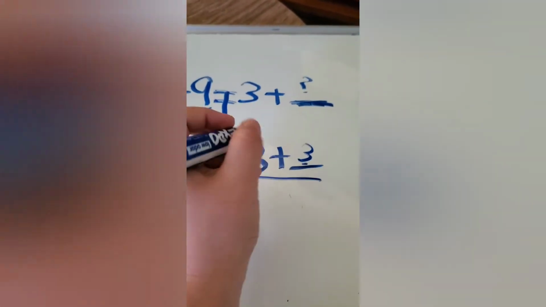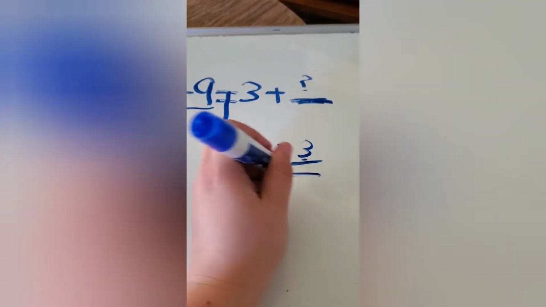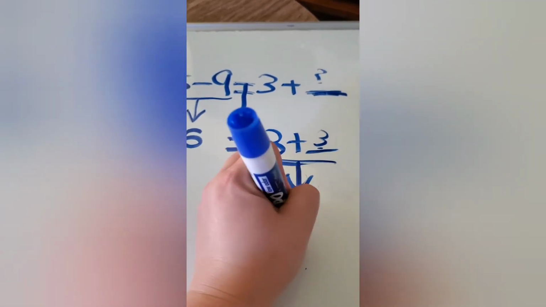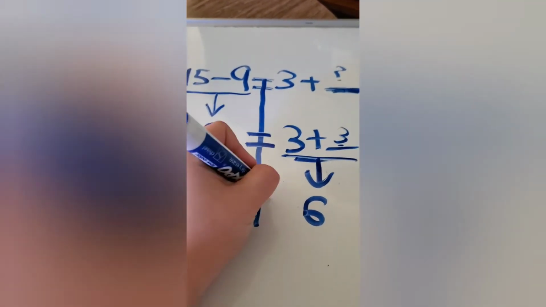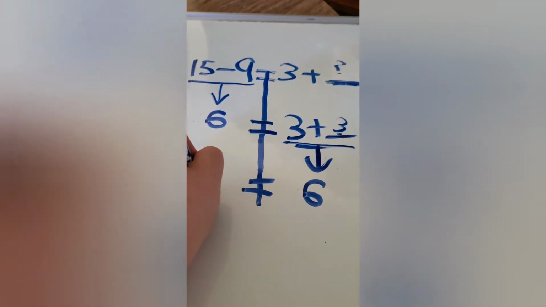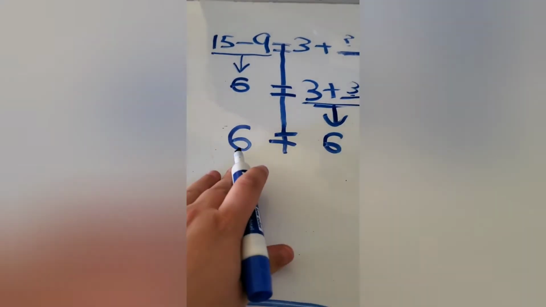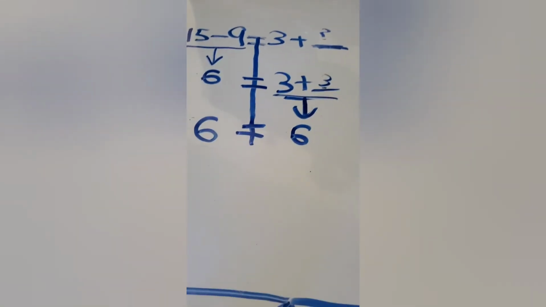What does 3 plus 3 equal? I'm going to write a line underneath and put it down. And 3 plus 3 equals 6. So now, is our scale balanced out? 6 is equal to 6? You guys are right. Okay, so now let's do it on our balance scale to check our answer, okay?